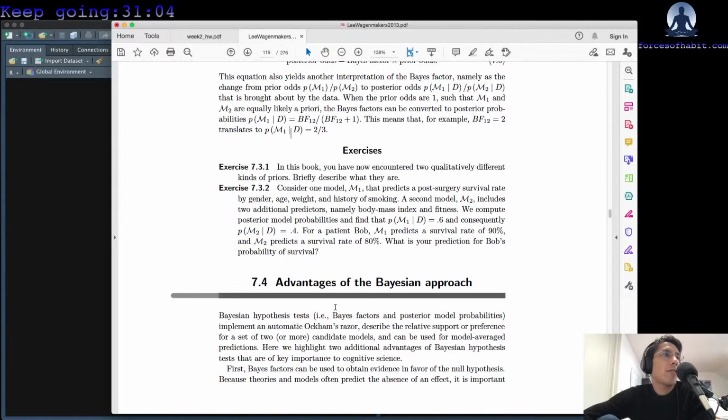In this book, we've encountered two qualitatively different kinds of priors. The thing that originally comes to mind is something I've discussed in my own work or studying Bayesian inference, which is uninformative or vague versus informative priors. Though the distinction here, I think, is different.